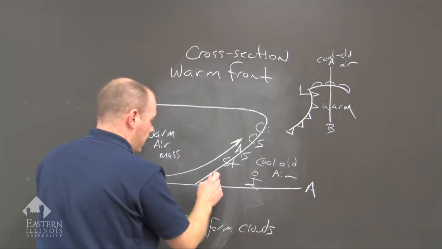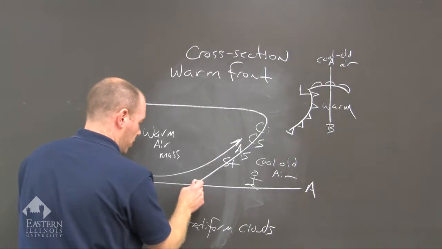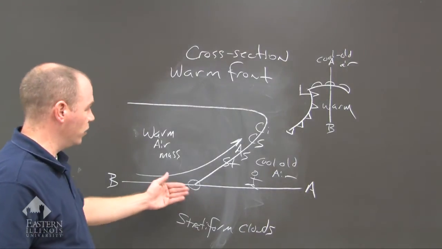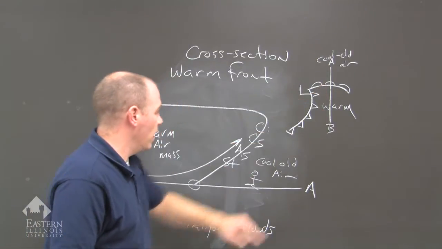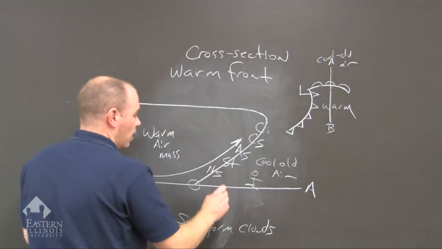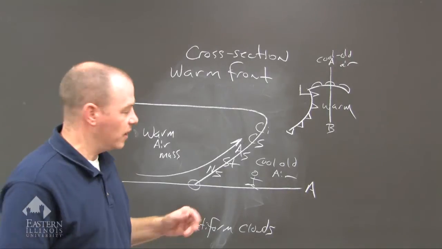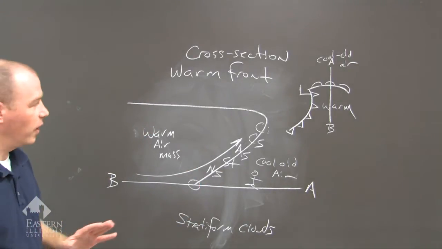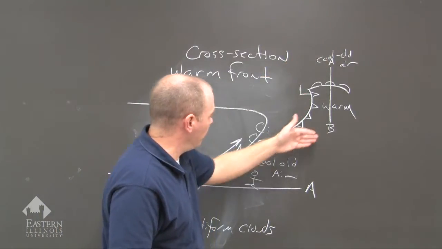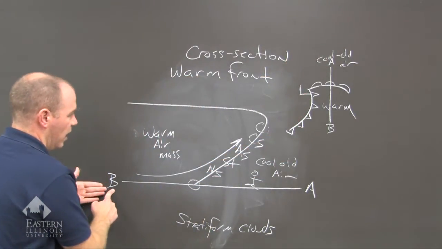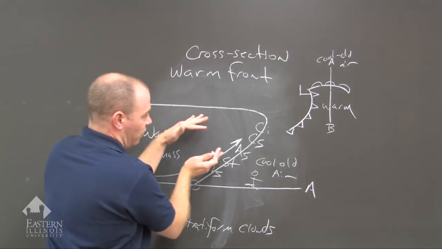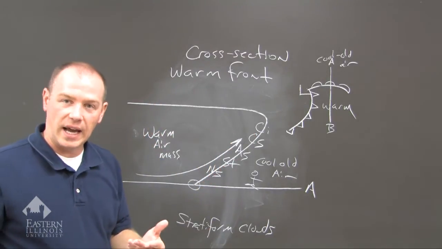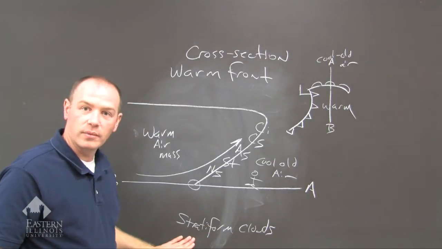And then finally, as the warm front approaches, we start to see rain appear, and that is the nimbostratus cloud. So again, the cross-section of the warm front is taken from A to B, and the warm air mass is moving in from the south. It is gliding over cool old air, creating clouds that take on the stratiform appearance.